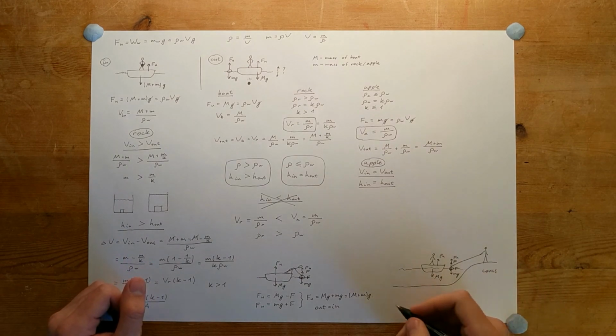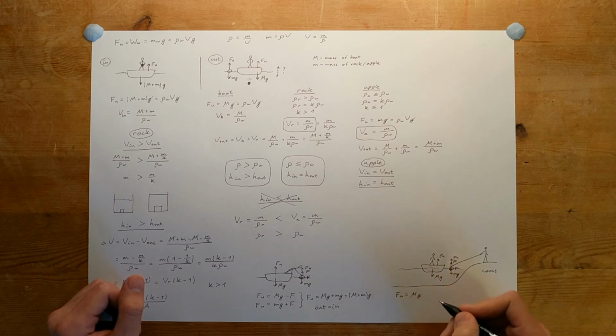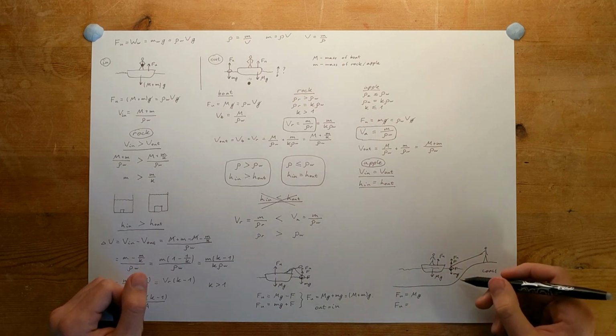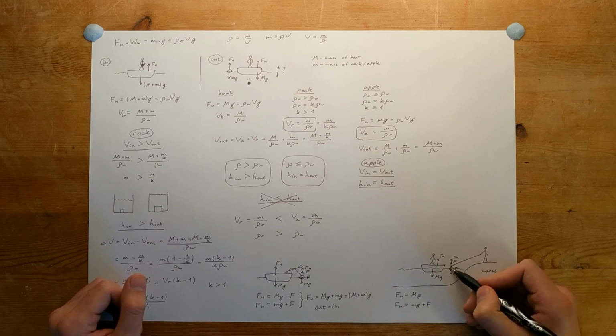But in this case, the upthrust on the boat is equal to Mg, since this person doesn't push the apple, and the upthrust on the apple is equal to mg plus F due to this force.